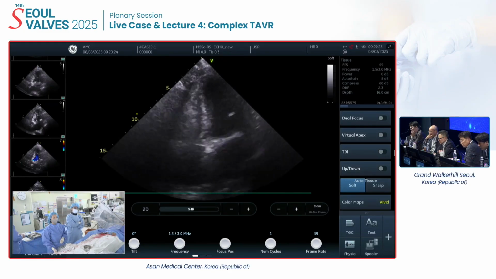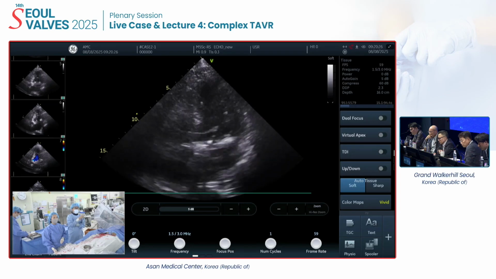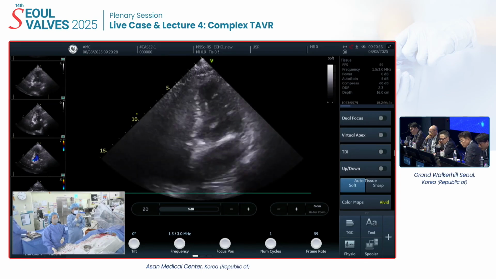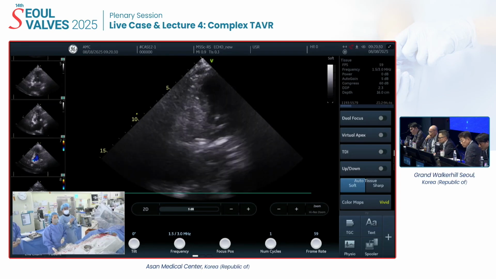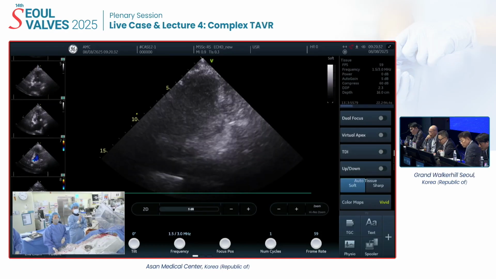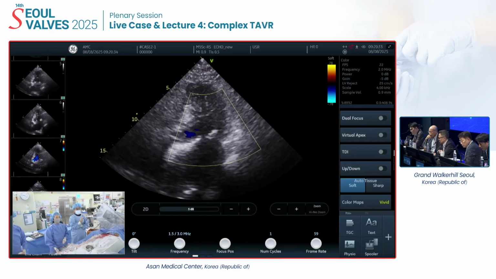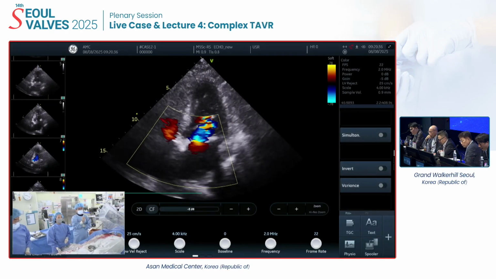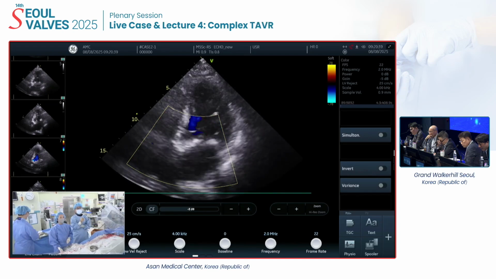Sometimes we experience two or three cases combining very severe septal hypertrophy, and after insertion of a TAVR valve, we noted a very dynamic LVOT obstruction.